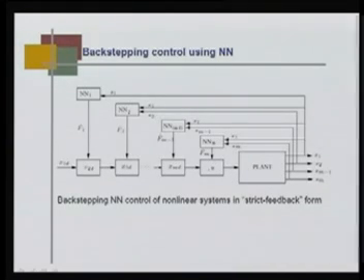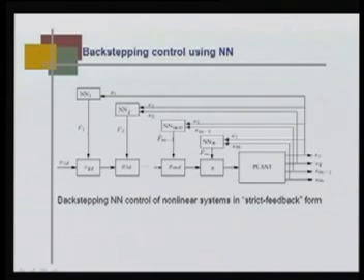We designed U, and U utilizes the neural network NNM, whose output is FM hat, and it also utilizes XMD, the information given by the backstepping approach, because given x1d, I find out what must be x2d.